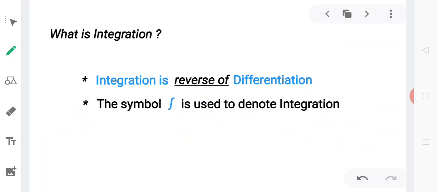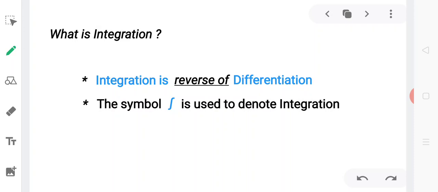What is integration? To make it simple, we can say integration is the reverse of differentiation. This means the steps followed for integration are just the reverse of differentiation.